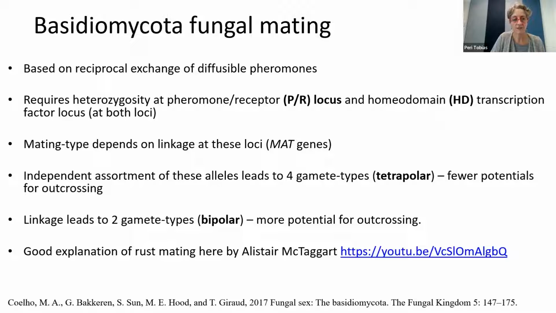And I just refer you to a good explanation here of rust mating by Alistair McTaggart. Even though we now have new evidence for some of the details on myrtle rust, the actual explanation of the mating is very good.